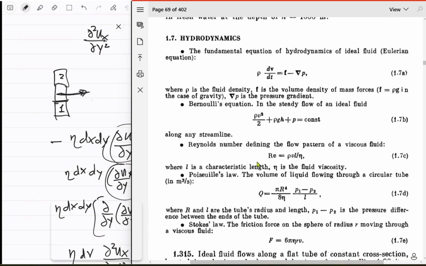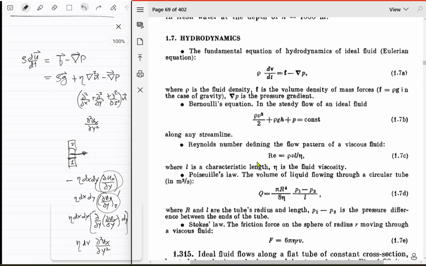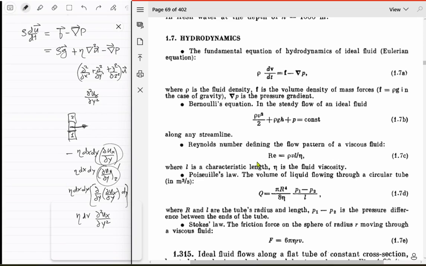Yeah, and then you just have shearing and all that stuff. But for the partial squared ux upon partial x squared term, you actually need to think of it in terms of diffusion of momentum. So particles are going from 2 to 1, right? That's what's happening, and something like that. So that's why you will have something like this as the term. Okay.